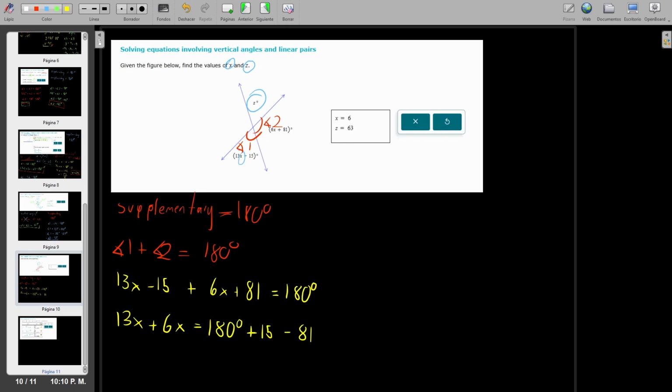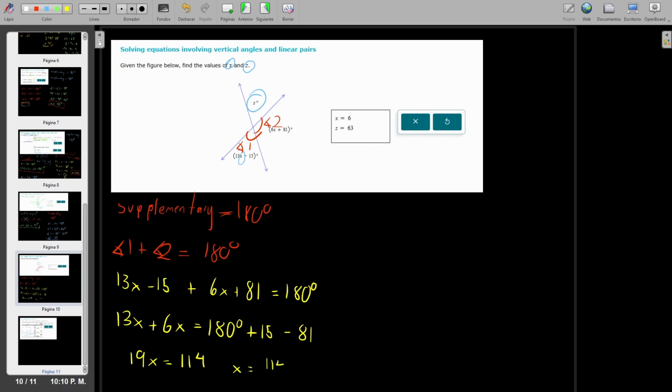So we make the operations. In this case, it's going to be 19x is equal to 180 minus 81 plus 15, which is 114. We continue with the operation.